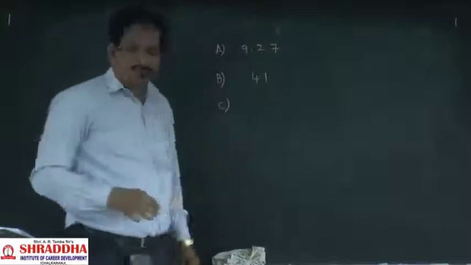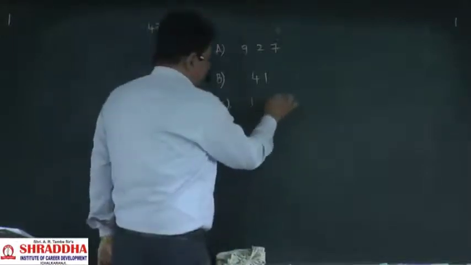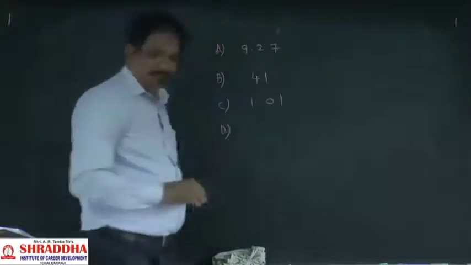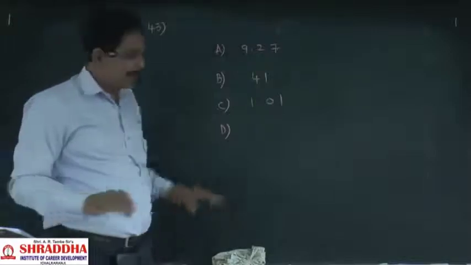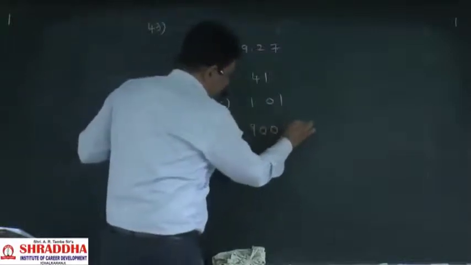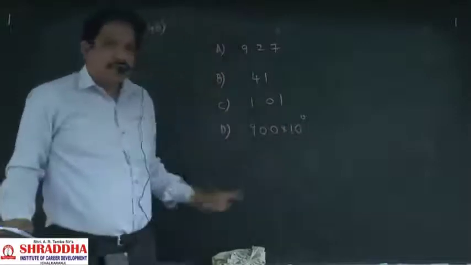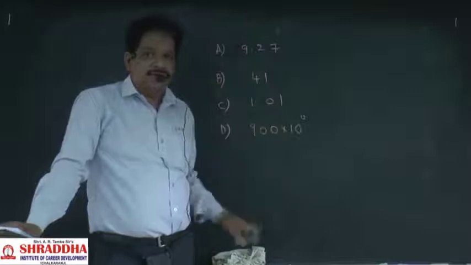C, 1.01. D, here 9.00 is there. Modify it as 900 into 10 power 0. Not 9.00, 900 into 10 power 0. Printing mistake.